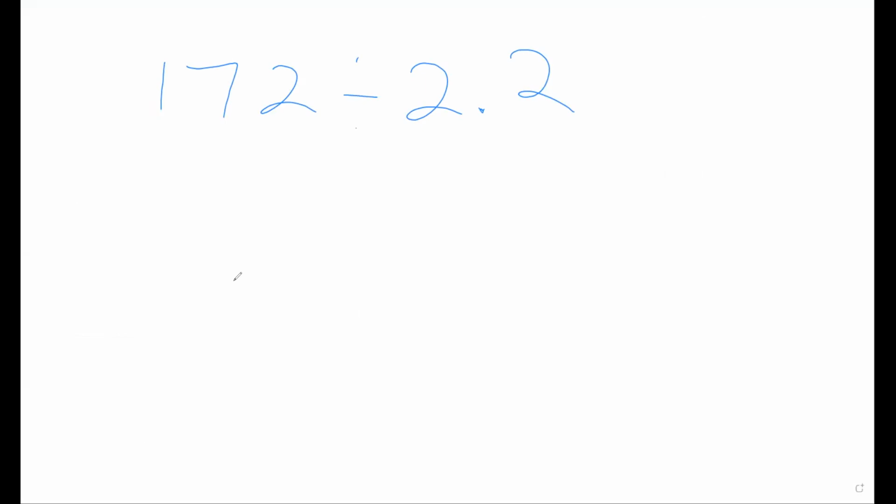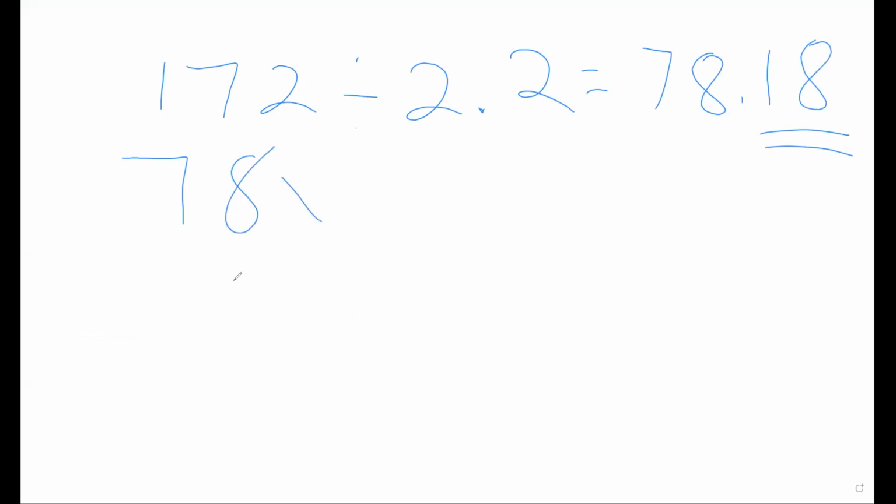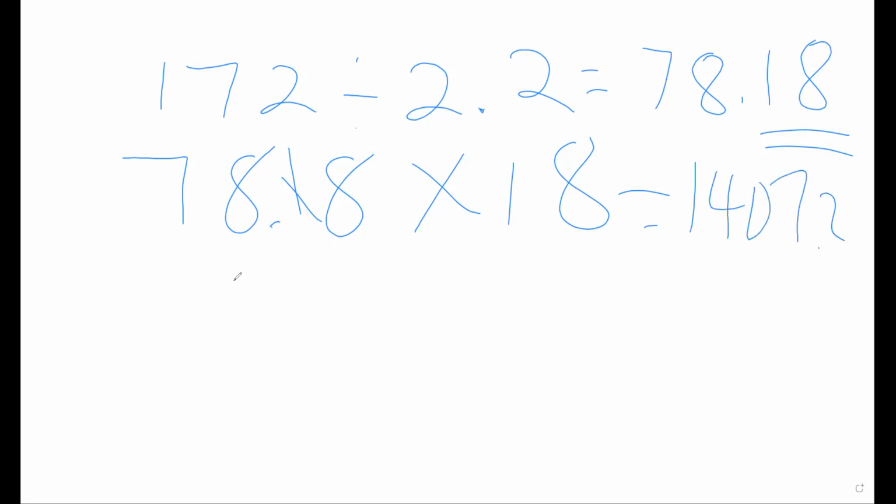Okay, so that was your 78.18 and so on, and then we're going to multiply that times our 18. And that gave us 1,407.27, and this is units per hour, guys.